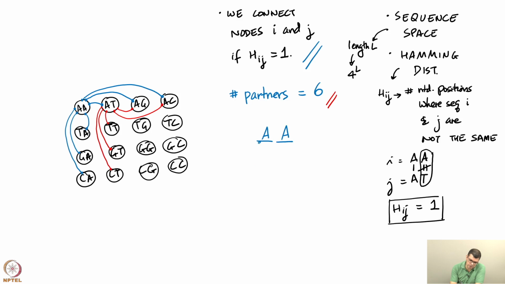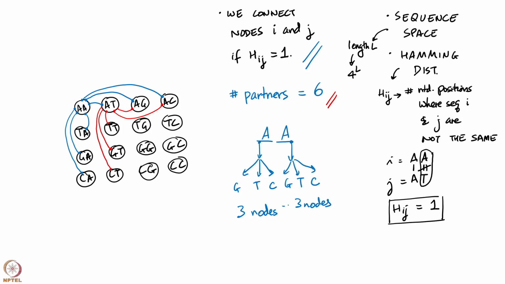Now, I could mutate the first position in 3 different ways. I could change this A to G, T or C. So that gives me 3 nodes which are neighbors of AA by Hamming distance 1. Similarly, I could mutate the second position also in 3 different ways, to G, T and C, which is 3 nodes. So 3 plus 3 is equal to 6 nodes.